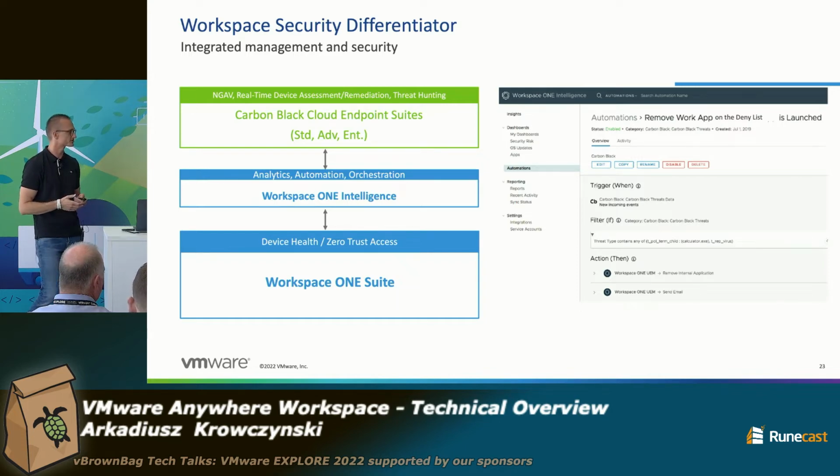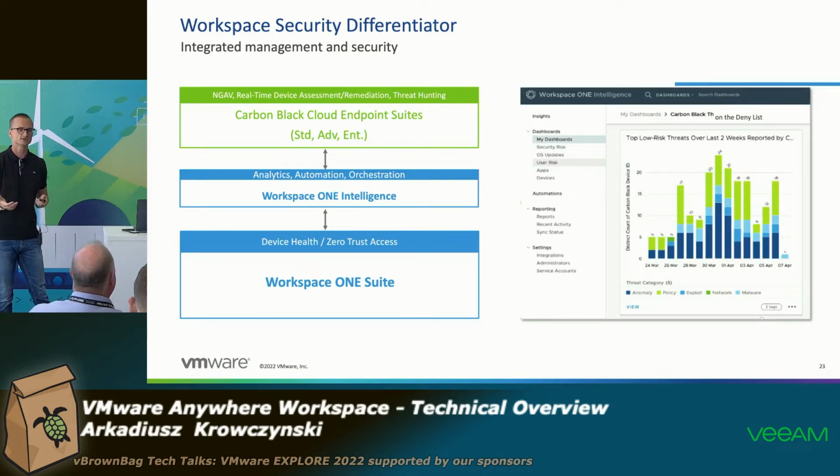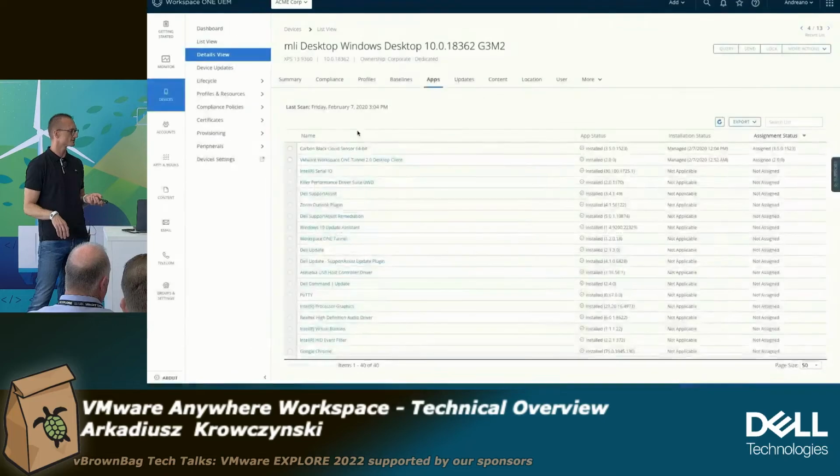Really great stuff when it comes to Intelligence and Carbon Black, so definitely worth checking out. And for sure, as a differentiator, there are a lot of dashboards and a lot of options to check in a very detailed way how my device fleet and my environment look from a security point of view.